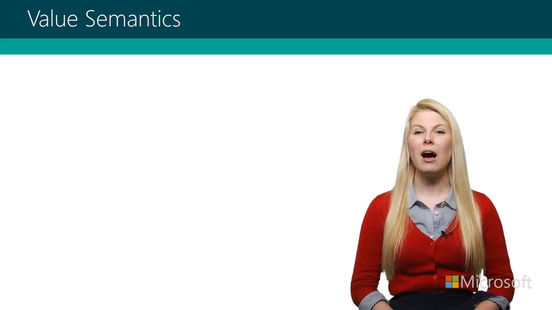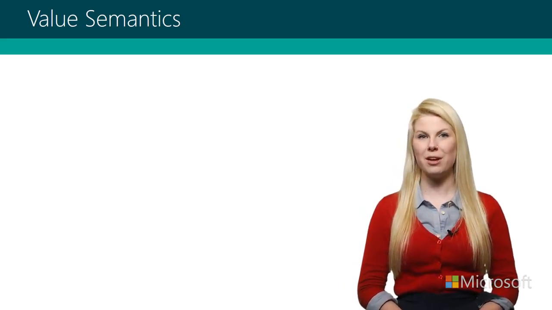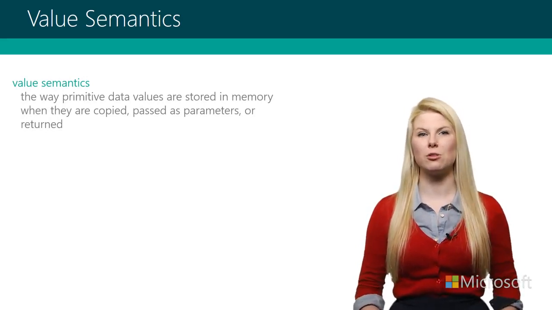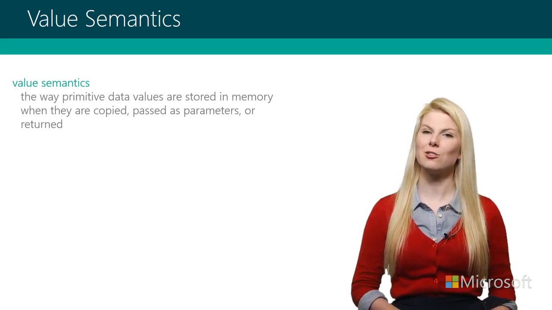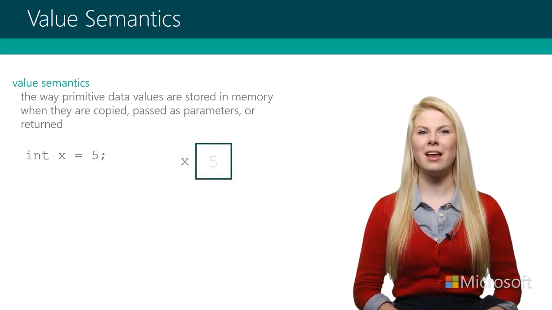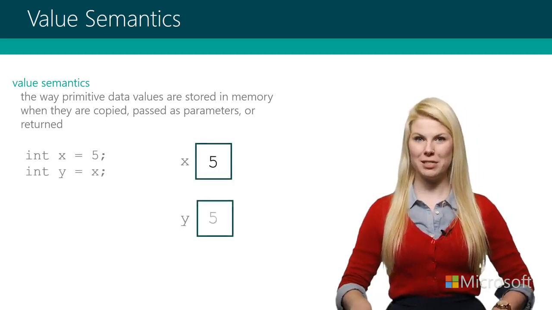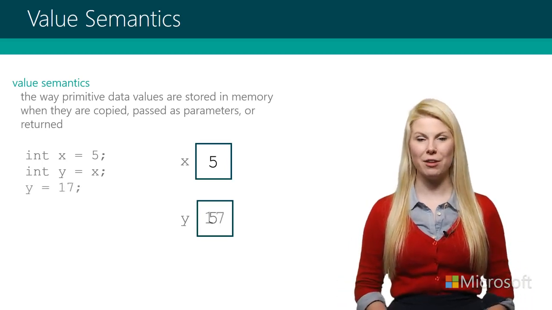We call how primitives store their information in memory value semantics. This is because the value is what's passed around. So if I construct a new int, and then I construct a new int that is a copy of that int, two separate places in memory. I'm just copying the value.